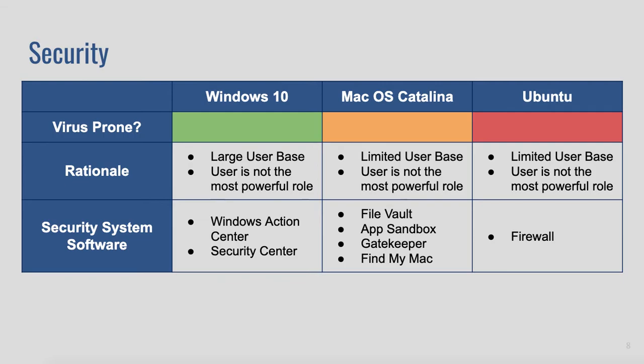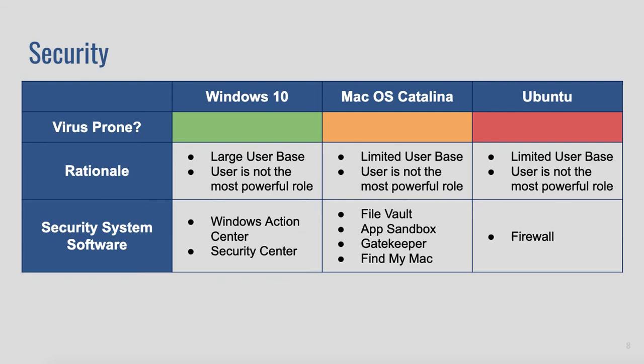But to prevent viruses from just taking advantage of people that are permanently signed in as administrator, our operating systems now force you to re-sign in each time you need to do one of those potentially dangerous tasks. So if you need to install a new piece of software, on all 3 operating systems, you'll be asked to put in your username and password for an administrator again to authorize that installation. What that means is it prevents you from having a virus automatically installing itself, particularly in the case of a worm that's replicating over and over.